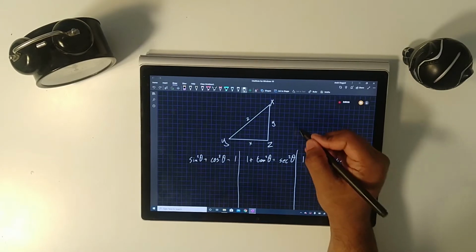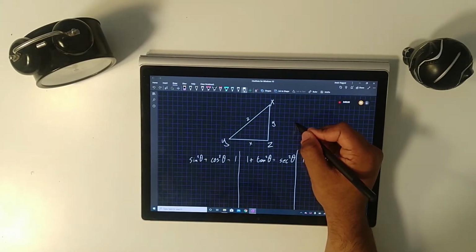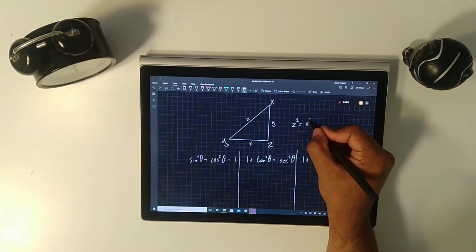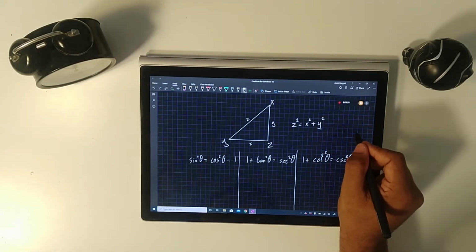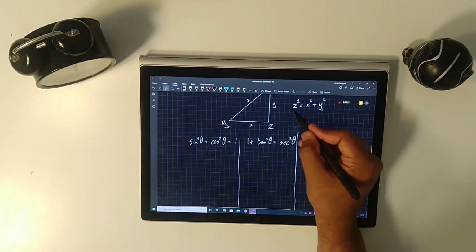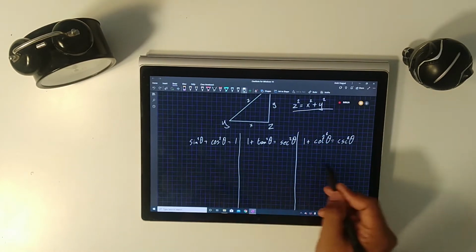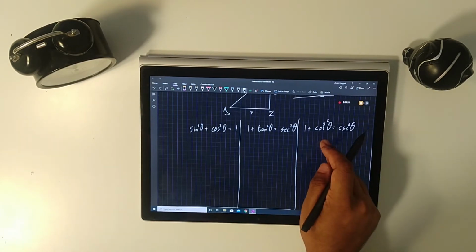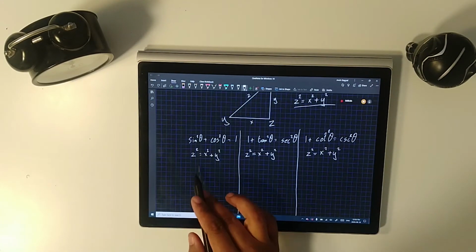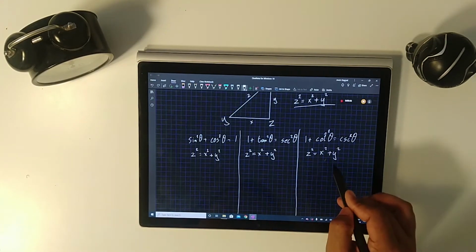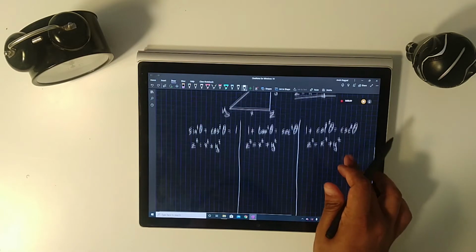Here we know, according to the Pythagorean theorem, z square equals x square plus y square, right? So now I'm going to write this equation down for all three of them. We are going to be doing the proofs of all three of them at once. Alright, so now we have written the Pythagorean theorem on all three of them.